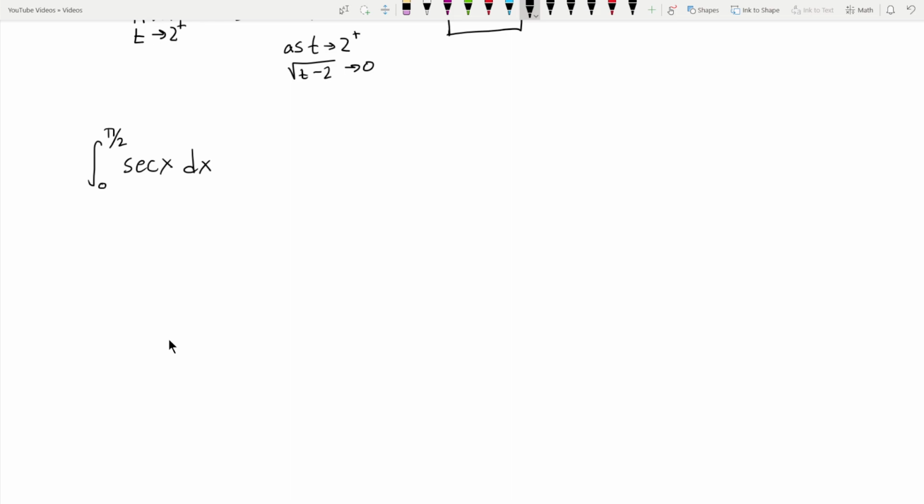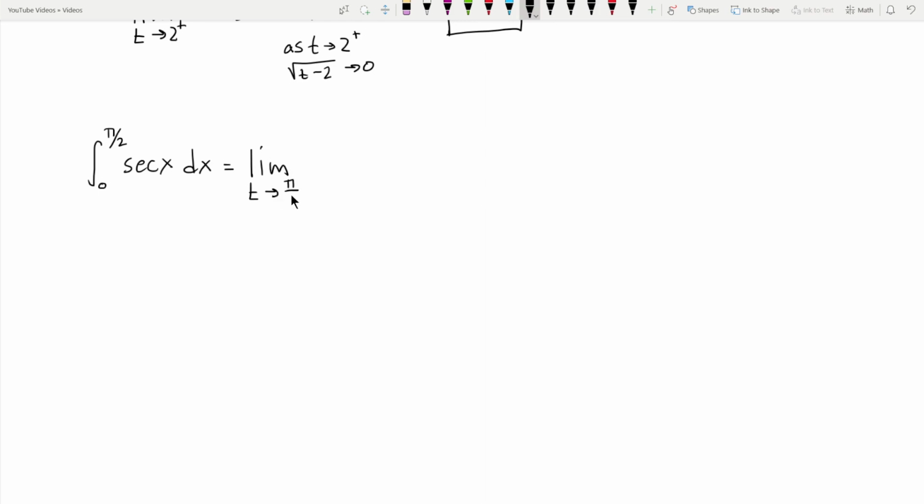We want to see if this converges or diverges, and if it converges, we want to get an antiderivative for it. Since my asymptote is my upper bound, it's going to be the limit as t approaches pi over 2.